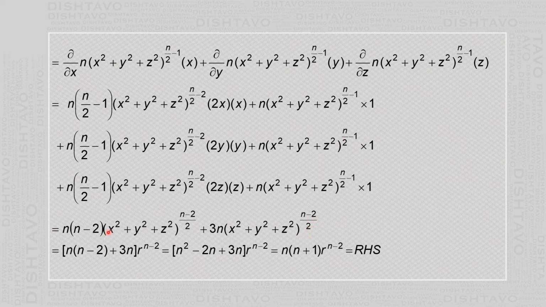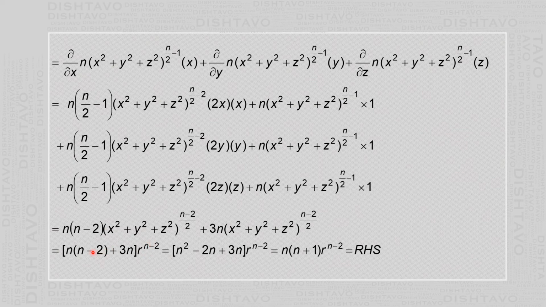In the next step, n into n minus 2 comes common, 3n comes common, and what remains outside, that is x square plus y square plus z square raised to n minus 2 by 2, can be written as r raised to n minus 2.